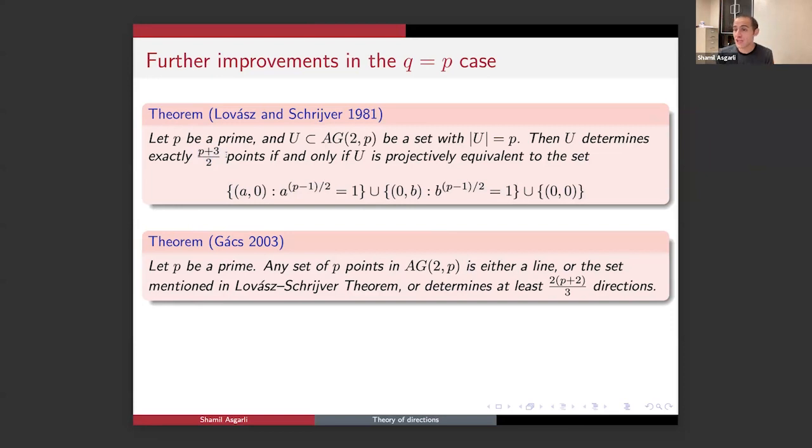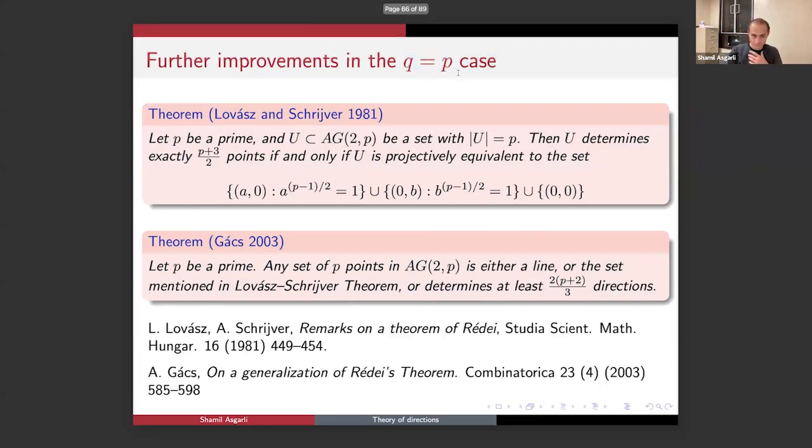And if you're not projectively equivalent to this, then the set determines at least 2 times (p plus 2) over 3 directions. And all of this is for the case when the finite field has prime cardinality, q is equal to p. And here are the results. The Lovász and Schrijver result is from 1981, and Gács's result is from 2003.